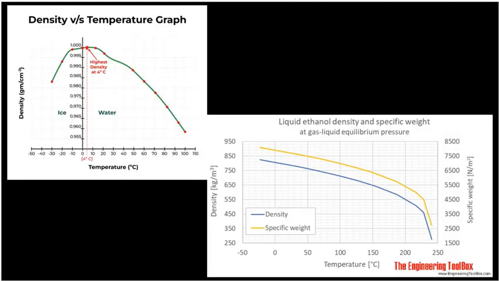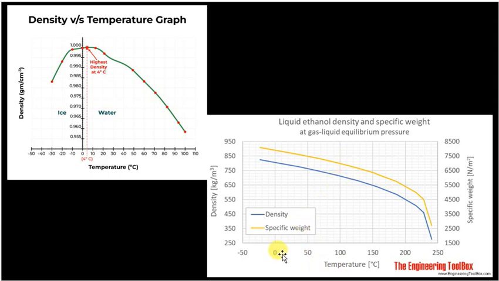Now the same thing happens with other kinds of liquids. This liquid over here is water. This liquid over here on the right is ethanol, which is a type of alcohol. You can see the same thing.